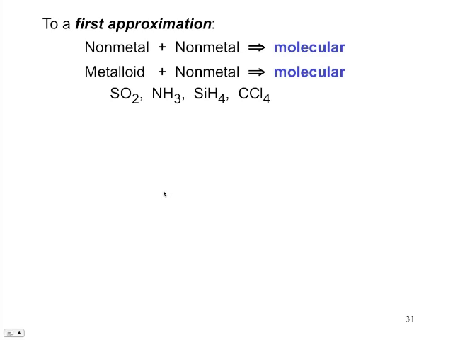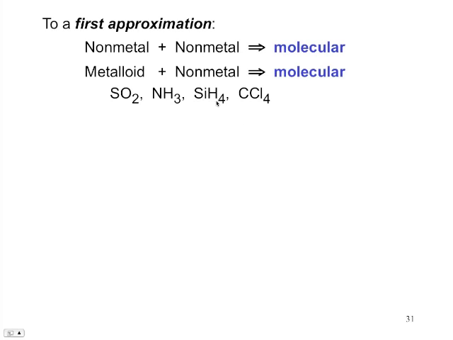All right, so we've already told you previously that if you look at the formula of a compound, say SO2, which is sulfur dioxide, NH3, which is ammonia, and CCl4, which is carbon tetrachloride, in all 3 of those cases, all of the elements are nonmetals. So you should predict that the compound will be molecular.